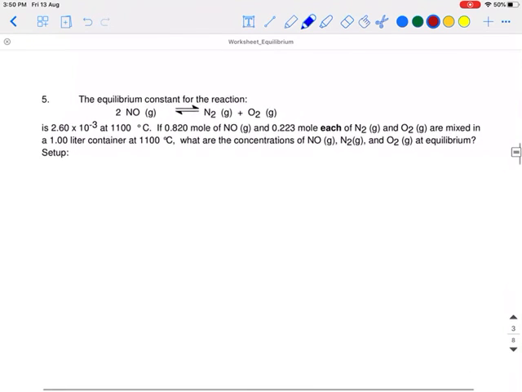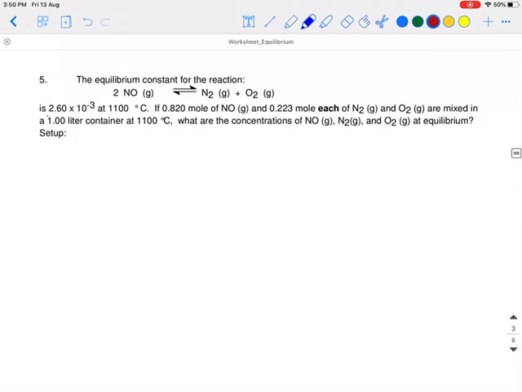For number 5, the equilibrium constant for the reaction is 2.6 times 10 to the negative 3. If 0.820 mole of NO and 0.223 mole of each of N2 and O2 are mixed, this is the initial quantity, in a volume of 1 liter, what are the concentrations at equilibrium? First of all, I will find the initial concentration for each one from the given.